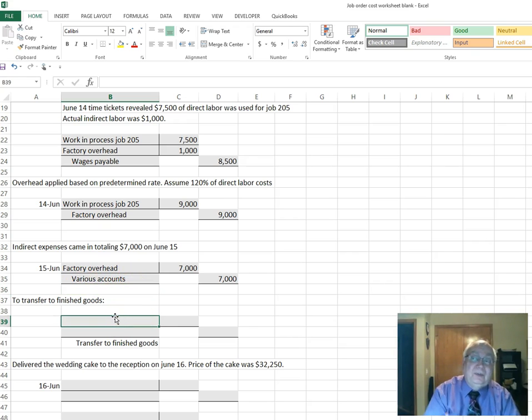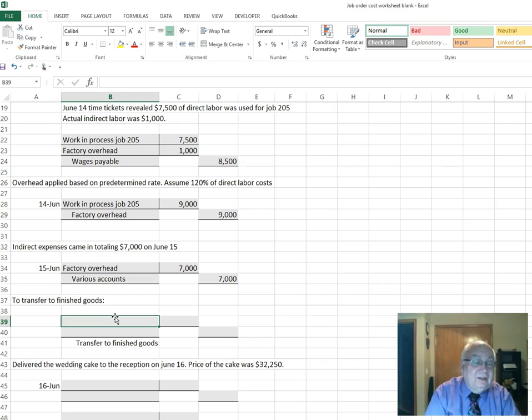If it gives you specifically what it is, you normally debit your expense, like if it's depreciation, you'd normally debit depreciation expense. But in this case, it's factory overhead. And your credit is accumulated depreciation. Okay, so if you know what the account is for the credit, you go ahead and put that in. Otherwise, various accounts is what we use.